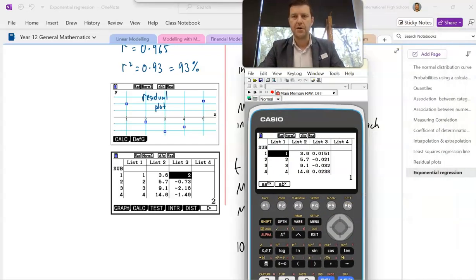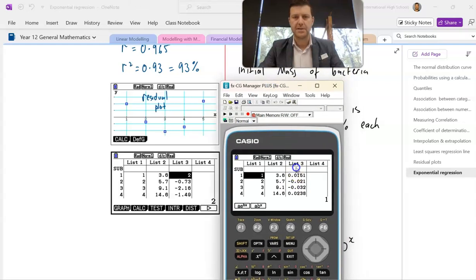Now, if I compare those values in list 3 for the exponential model to the values in list 3 for the residual values in the linear model, you can see these values are a lot smaller, meaning they're a lot closer to that model or that line, okay? So that there is another bit of evidence to suggest the exponential model is a better or more appropriate fit for this set of data.